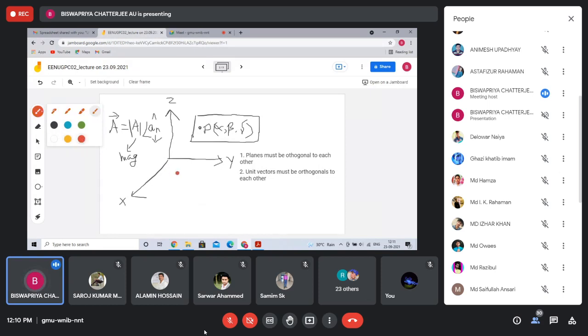Forget about alpha, beta, gamma for the time being. Let us say this is our xy plane.